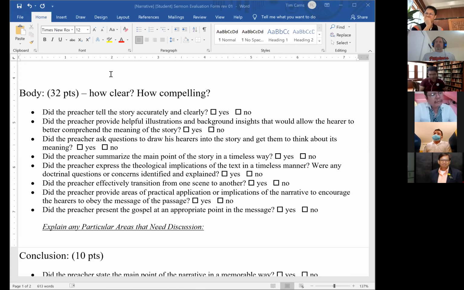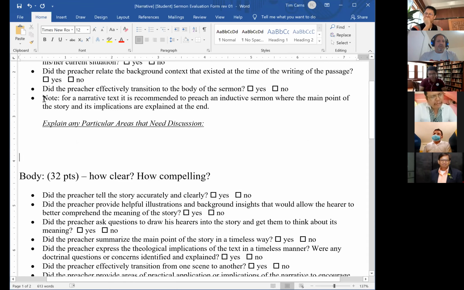Really, for a story, I think the most effective sermons just tell the story, and really it's at the end. If you're preaching an inductive sermon, by the way, I forgot to mention that here. There's a note here.